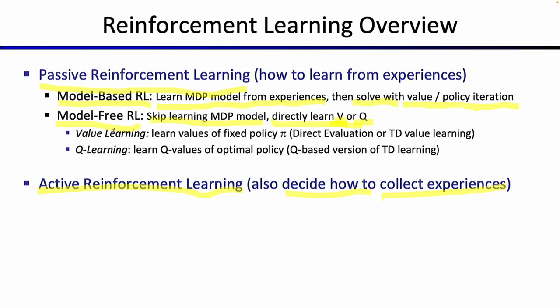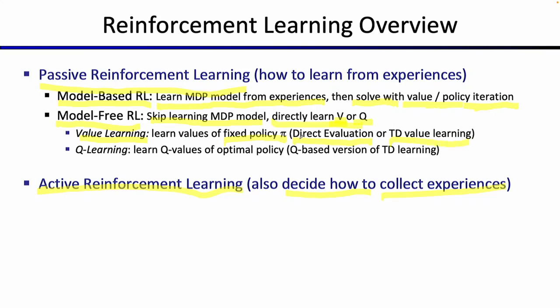Within that, we also looked at several approaches. We looked at learning values directly for some fixed policy pi, and towards that, we discussed direct evaluation and temporal difference learning.